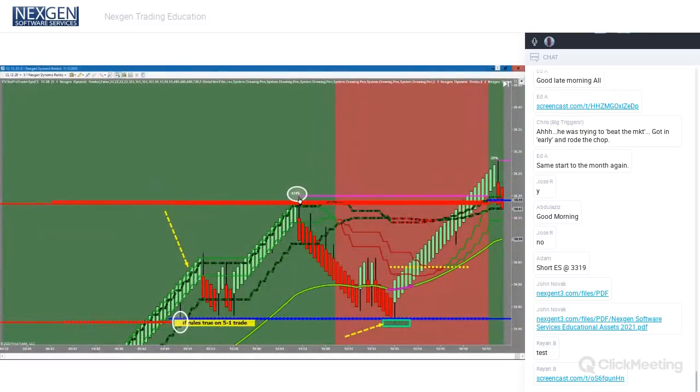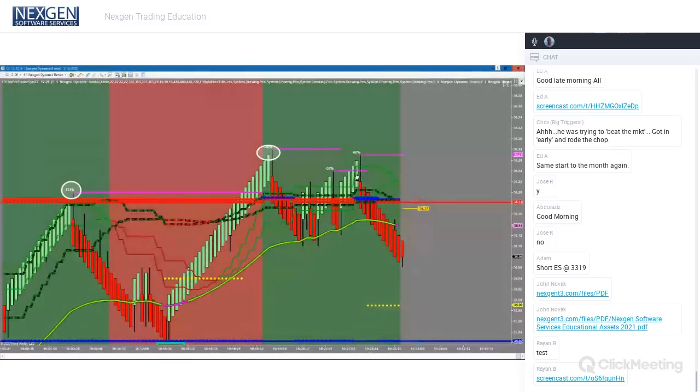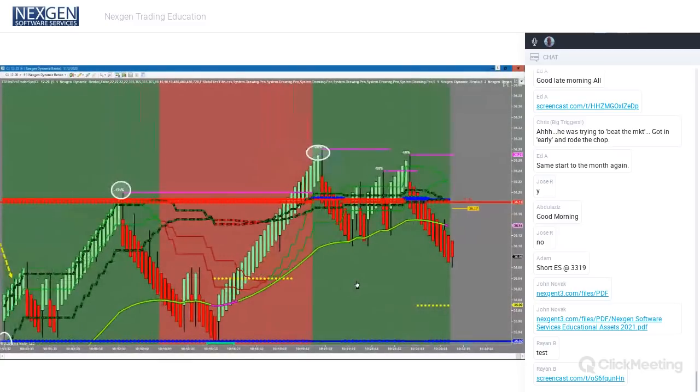They'll try to run up and then you'll get another divergence, and what happens? It looks like a breakout, but it's not. It's a fake breakout, because the second divergence and a pivot stop out will tell you that it's probably going to go back down.